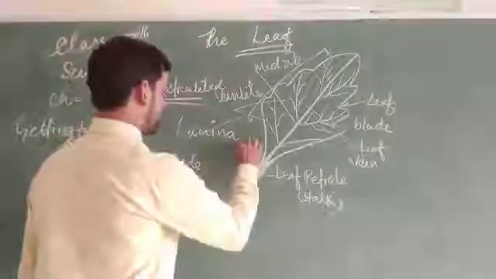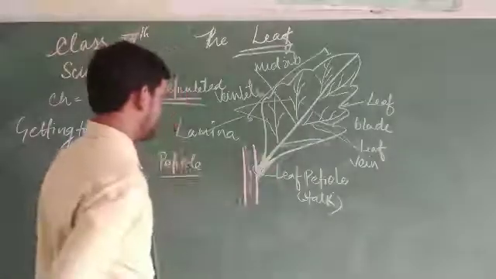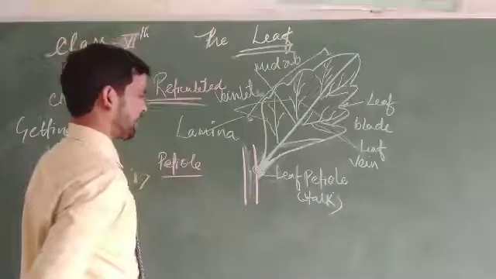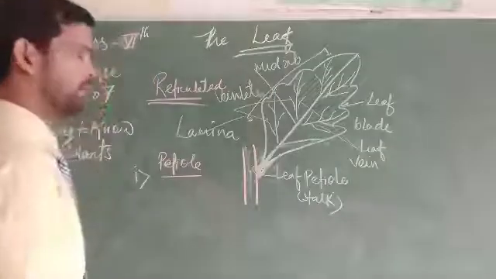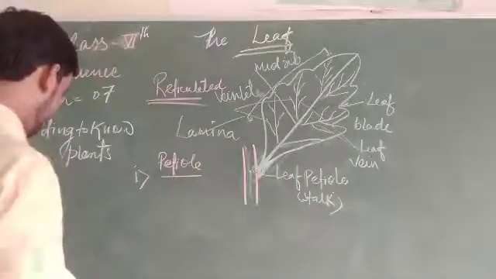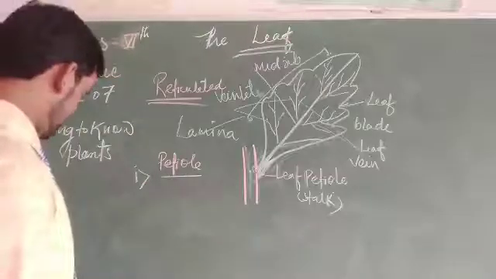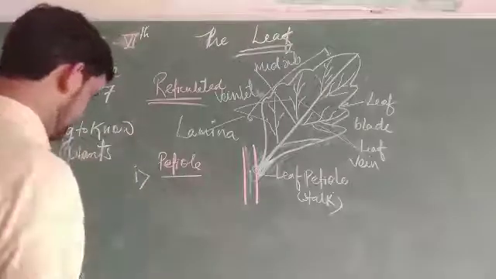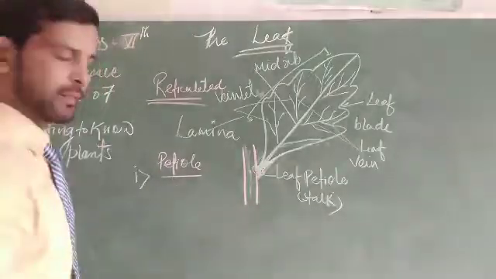Suppose there is a stem; this stem has a petiole on it, and that is a part of the leaf. The leaf can stand erect. It is attached to the stem with the help of the leaf stalk, which is known as a petiole. यही petiole है जिससे वो जुड़े रहते हैं.